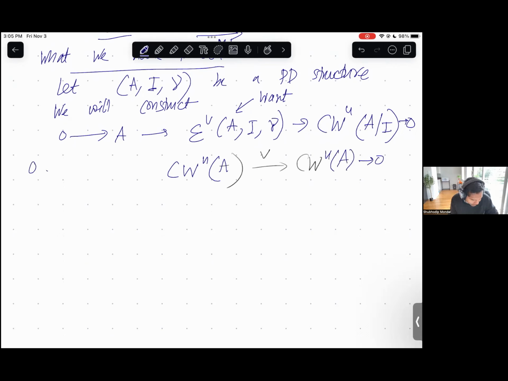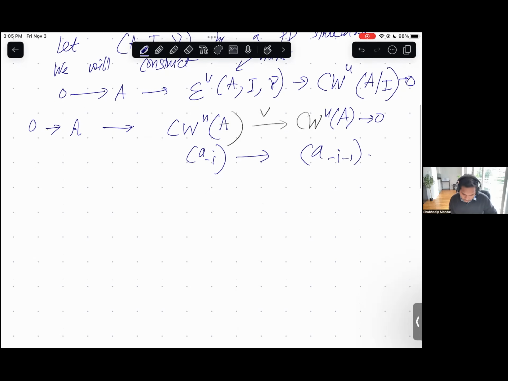So we always have this exact sequence, and in coordinates one can write this like this. The idea is to construct a section of this map V. We will construct a section.